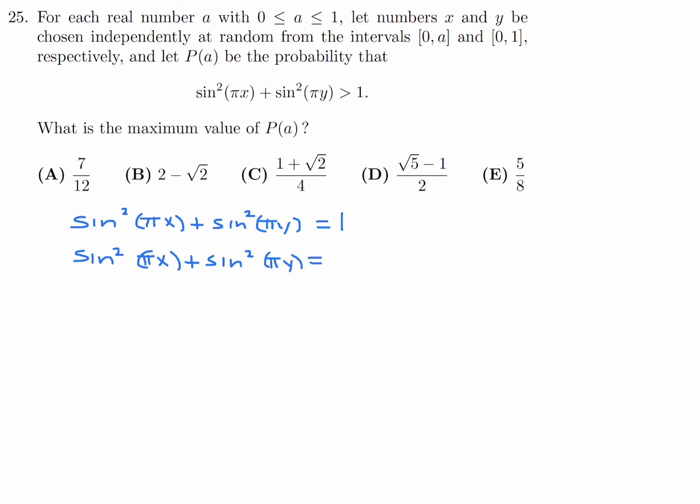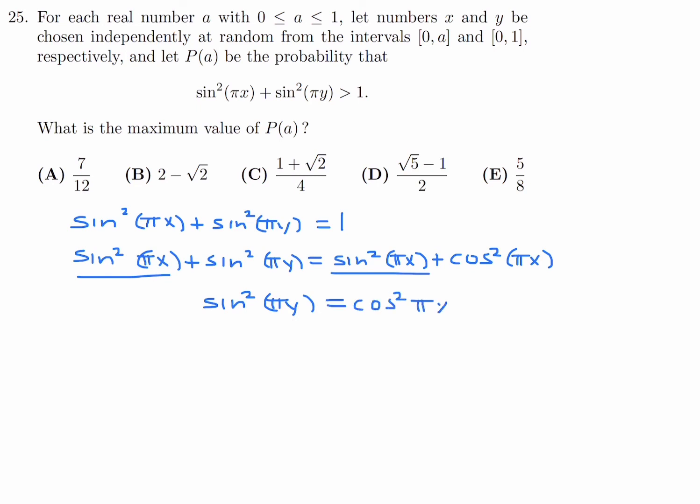So I will write it as sine squared pi x plus cos squared pi x. That's one of the more commonly remembered trig identities. So this cancels with that, and all you're left with is sine squared pi y is equal to cos squared pi x. We still don't have the same variable.